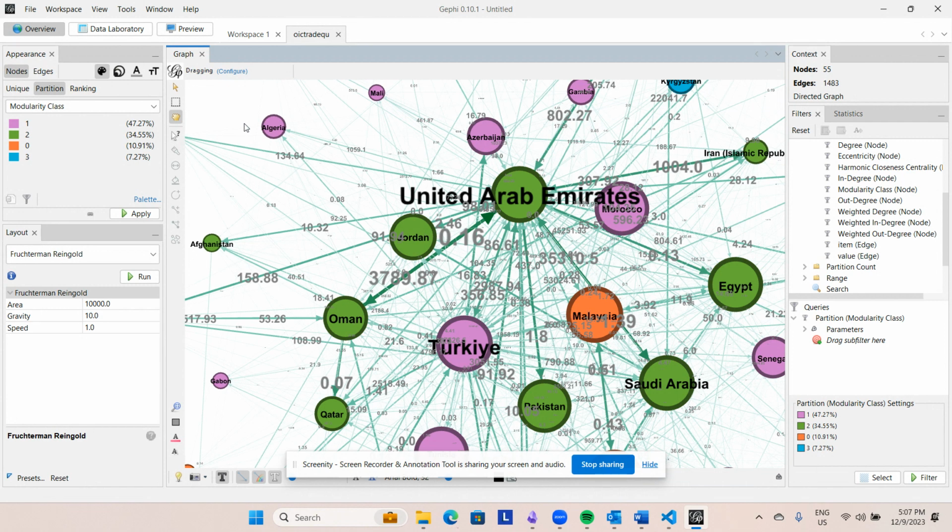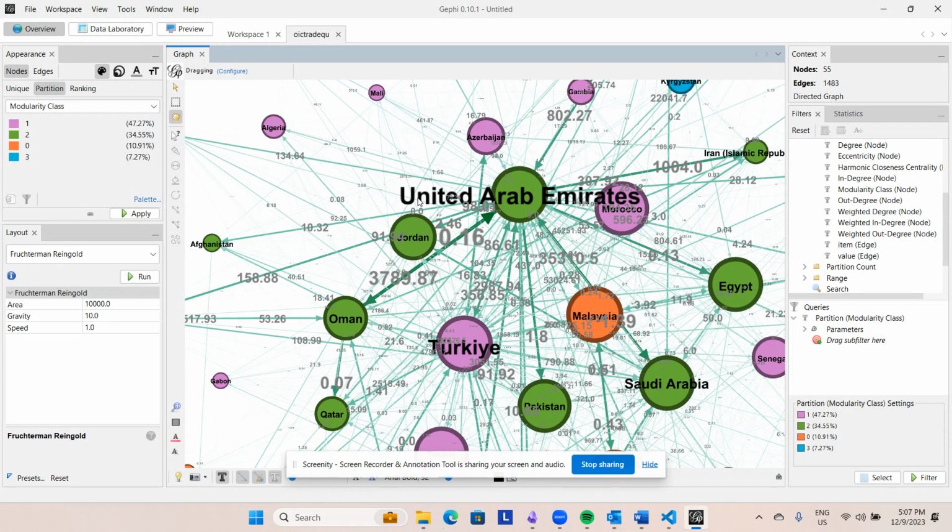That's why in our case I have used weighted degree centrality. Namely, Algeria has 3 connections with other countries but a higher value of trade. In that case, Algeria's weighted degree centrality will be higher.